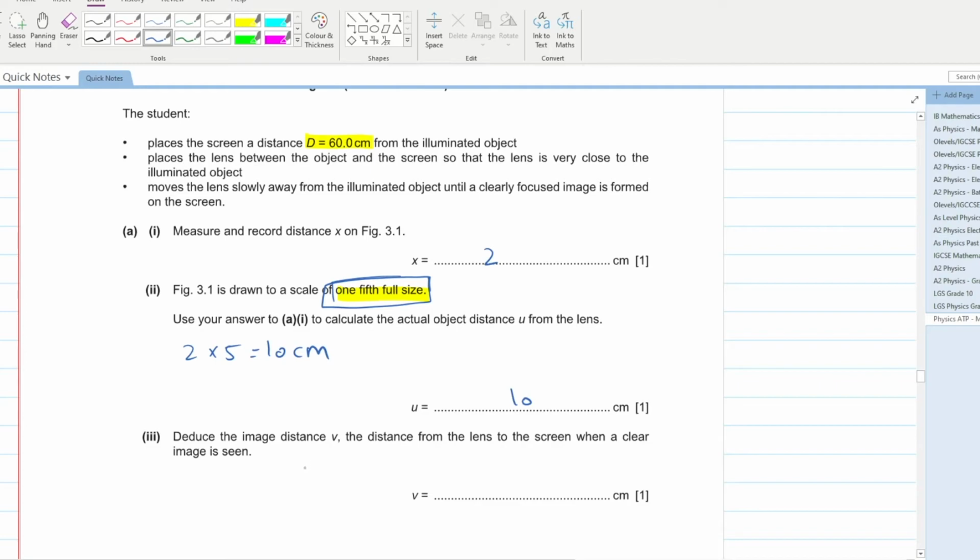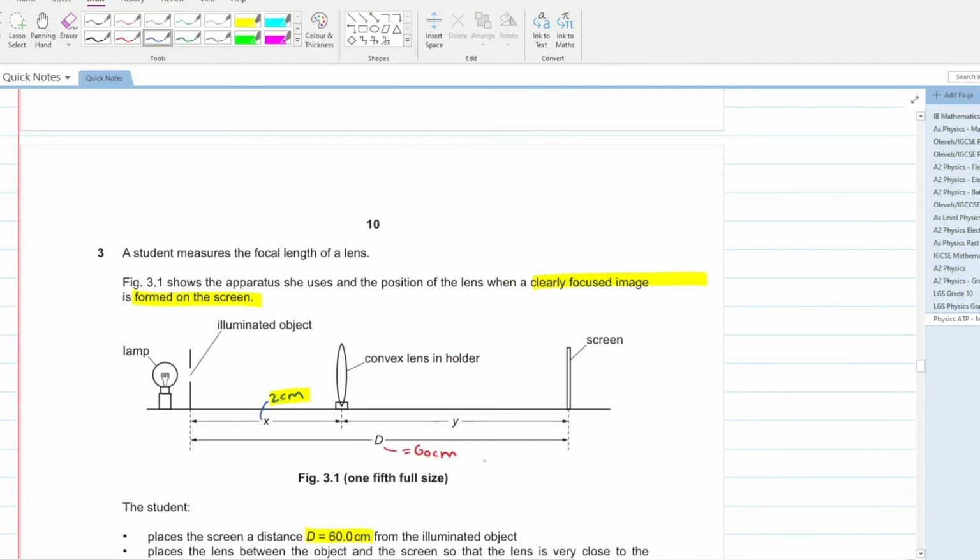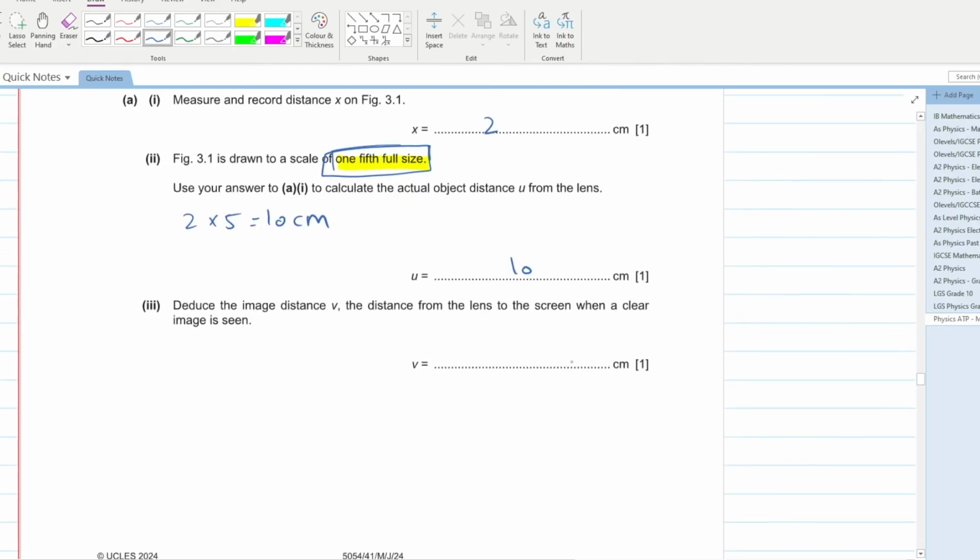Let's place 10 here. Deduce the image distance v, the distance from the lens to the screen when a clear image is seen. Let's say this comes out to be 4 centimeter, and since it is 5 times, 4 multiplied by 5 comes out to be, let's say, 20 centimeter.